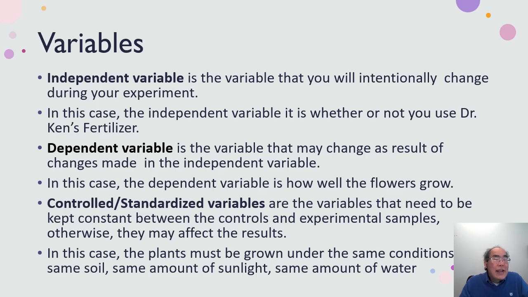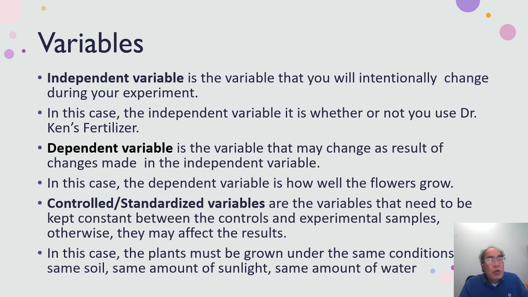In this case, the independent variable is whether or not you use Dr. Ken's fertilizer. The dependent variable is the variable that may change as a result of changes made in the independent variable. This is the variable that we are observing to see if it depends on the independent variable. Okay, so in this case, the dependent variable is how well the flowers grow.